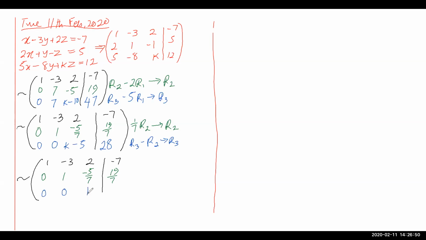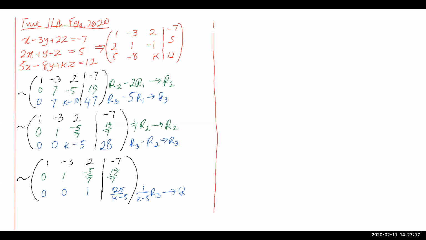Then this is 1, and this is 28 divided by k minus 5. What has happened is 1 over k minus 5, row 3, is now the new row 3.